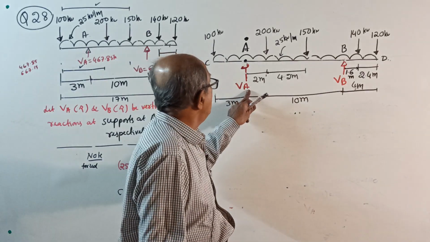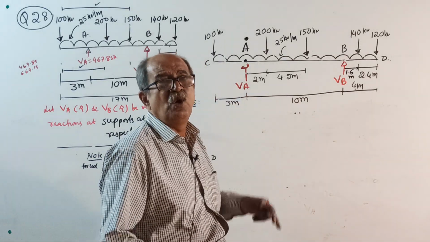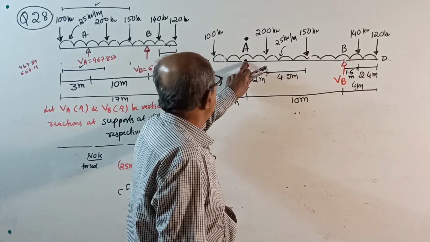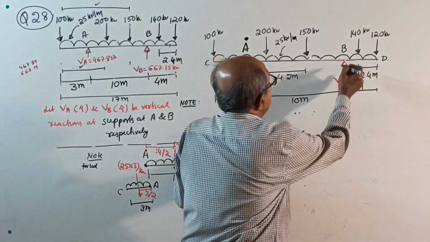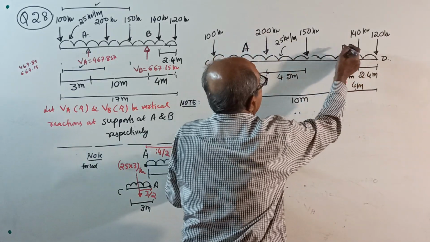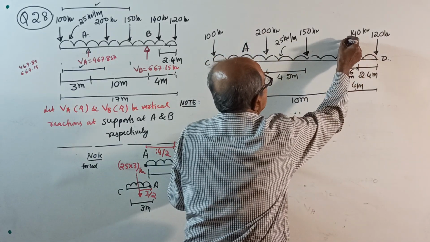They want only VA. In that case, why you want to waste time? Take moment about A, get VB, then make sigma V equal to 0. Directly in the beginning only, take moment about B. So right here.